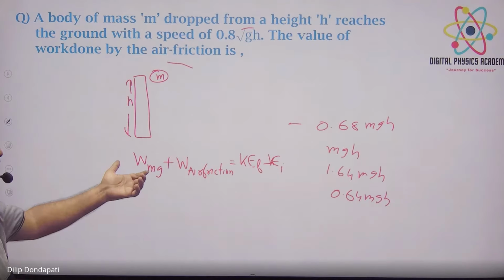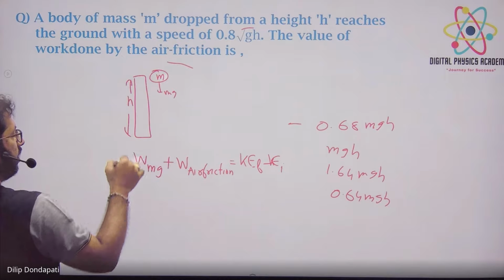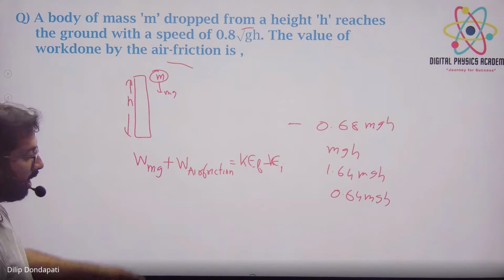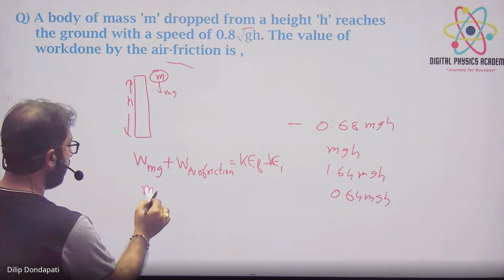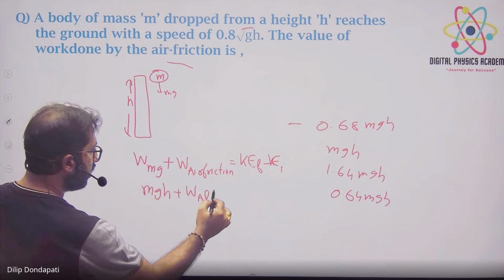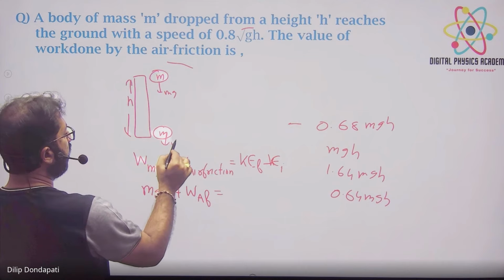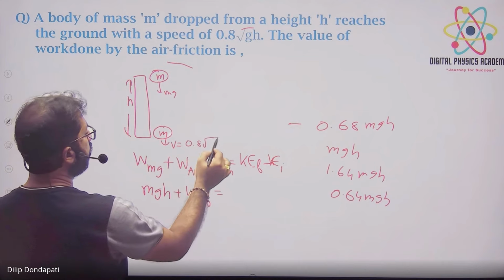Work done by mg is how much? Downwards mg है, displacement h है, so work done by mg is mgh, plus work done by air friction is equal to final kinetic energy when it's falling down. इसका velocity they given, right? कितना? 0.8 root gh.